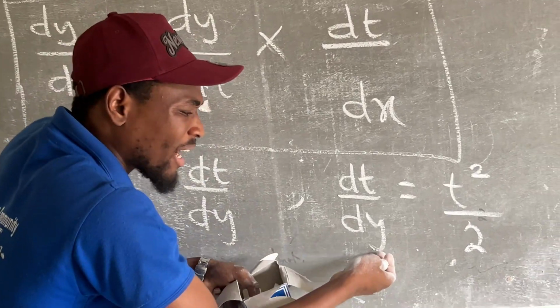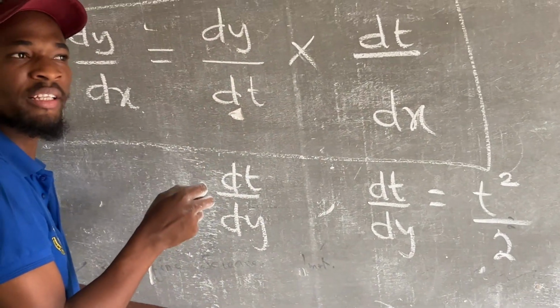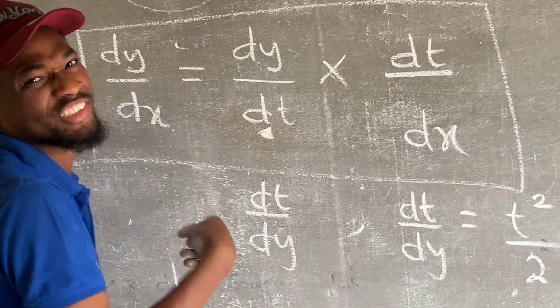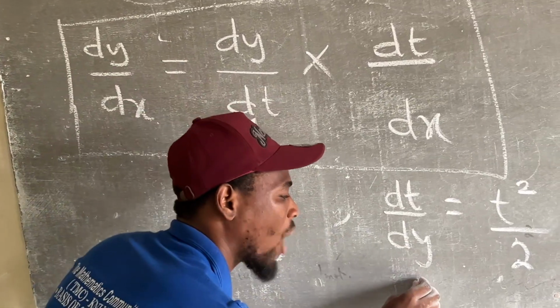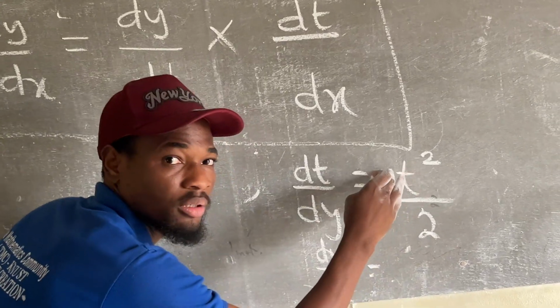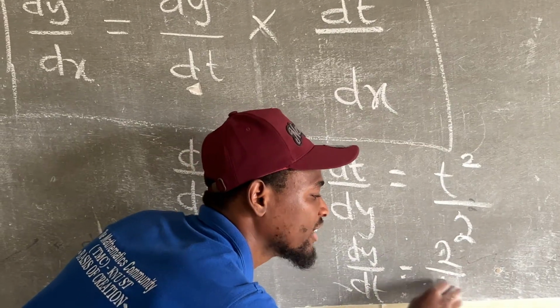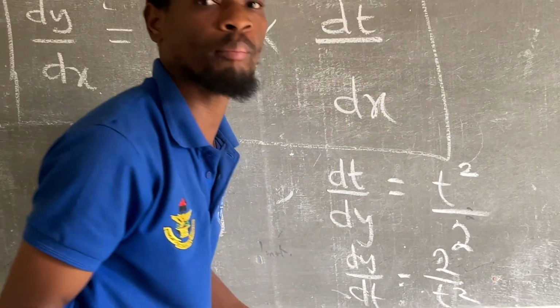So I can find the reciprocal of this so that it becomes easier for me to do my substitution. To get dy over dt, I have to interchange them, so I have 2 over t squared. As simple as that.